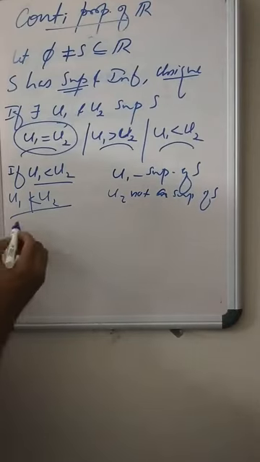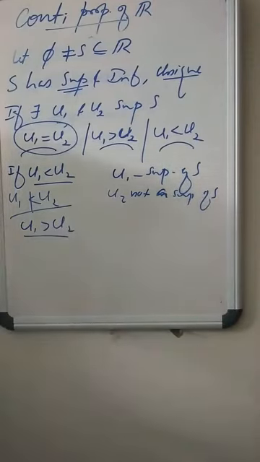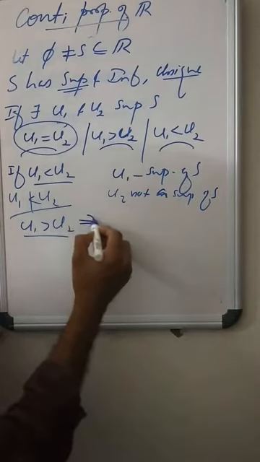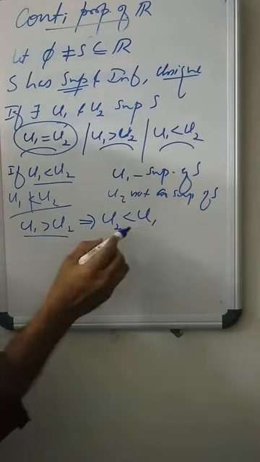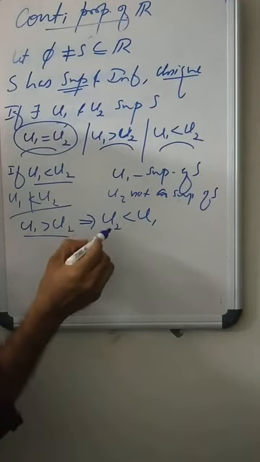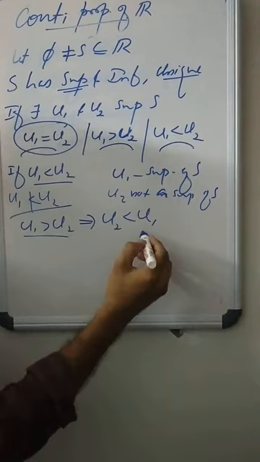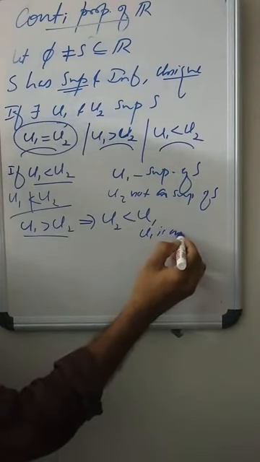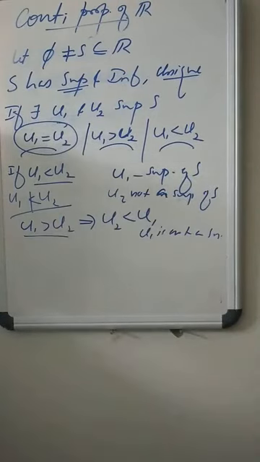Now suppose U1 is greater than U2, if it is possible. U1 greater than U2 means U2 is less than U1. U2 is a supremum, and U2 is less than U1, so U1 can never be a supremum of S. That's a contradiction to the choice of U1.